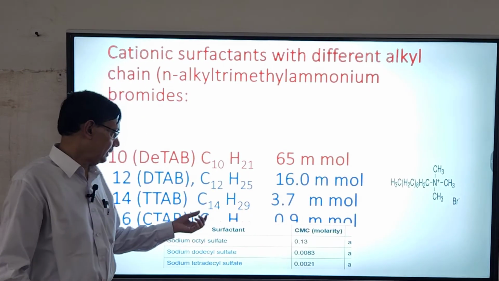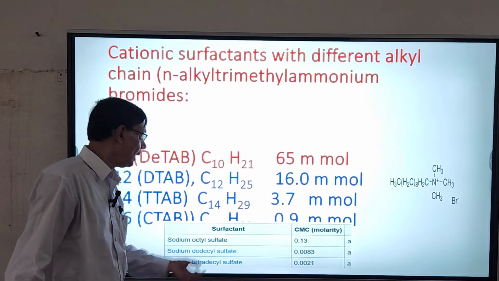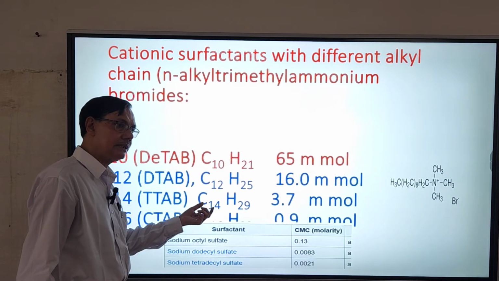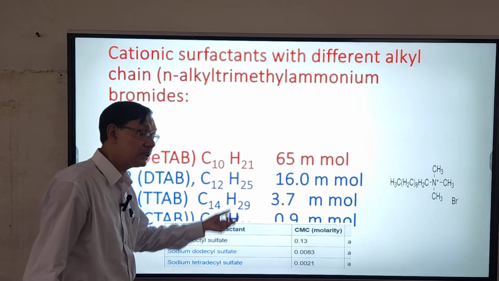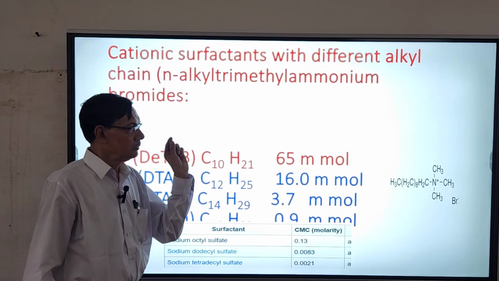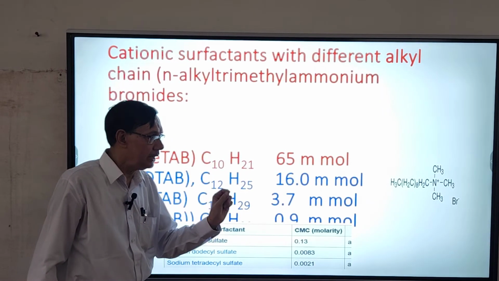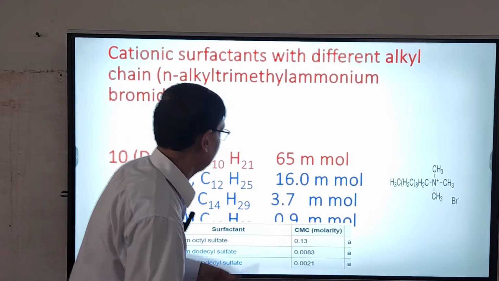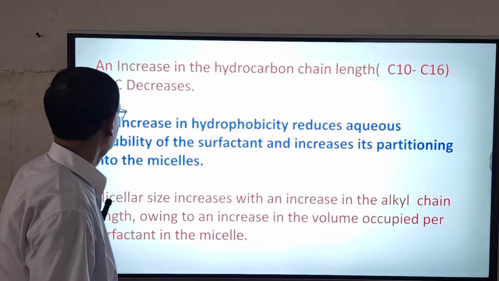If I take C16, which is more hydrophobic than dodecyl and more hydrophobic than tetradecyl, there must be some relationship between the chain length 8, 10, 12 or 14. I am showing that graph with you.